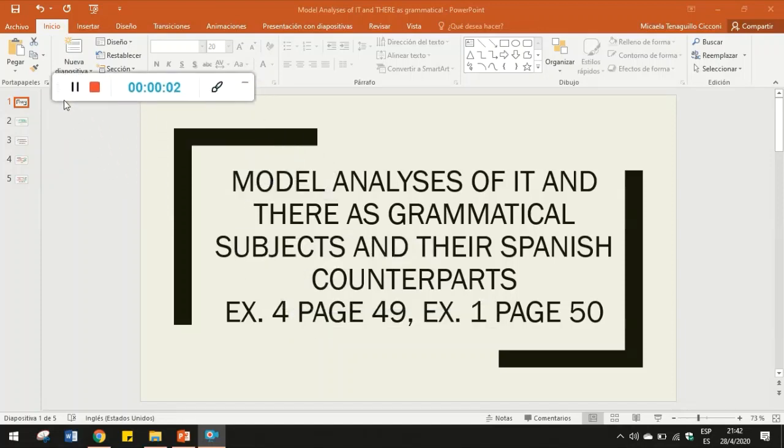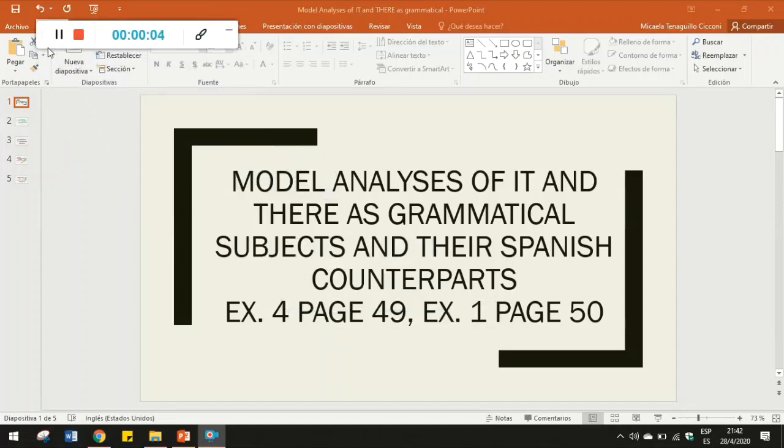Hello everyone. If you're here, it means that we have already tackled the theoretical session together with Professor Natalia, and this is going to be the first instance in which you will see how to analyze different types of sentences and the points that are needed in a comparative contrastive analysis.